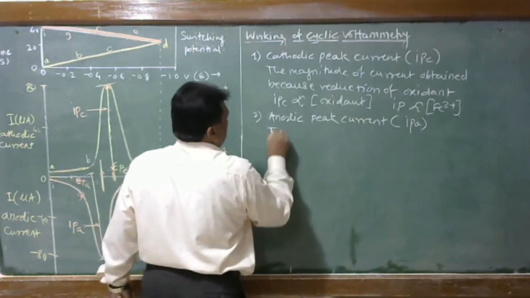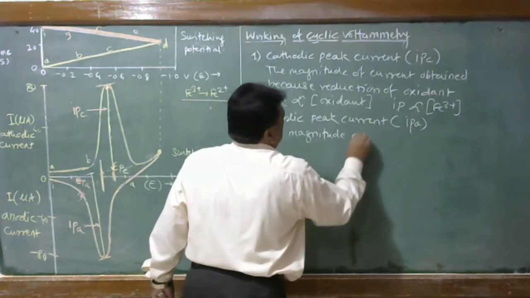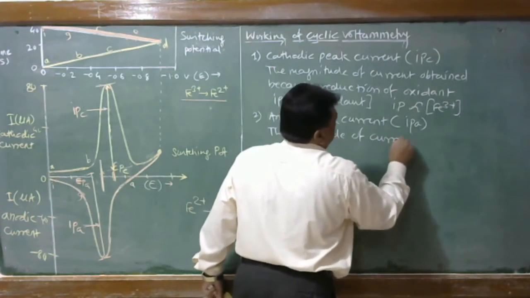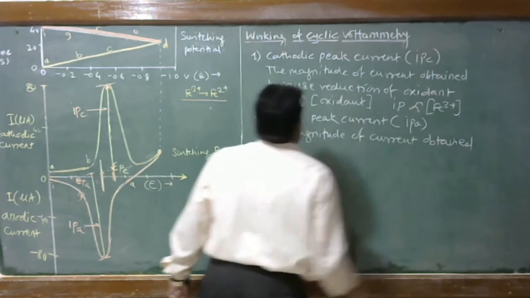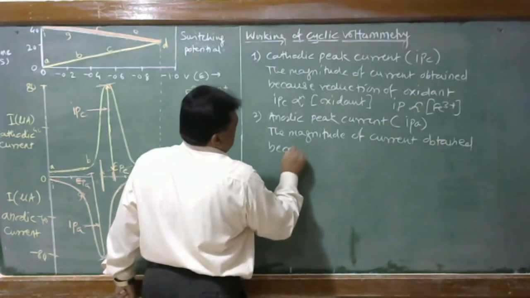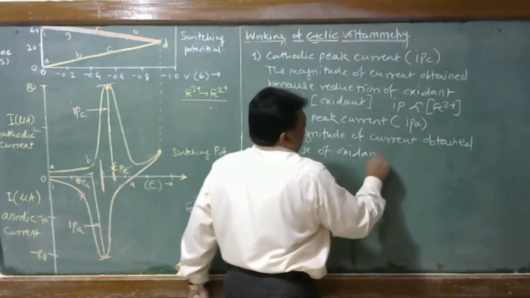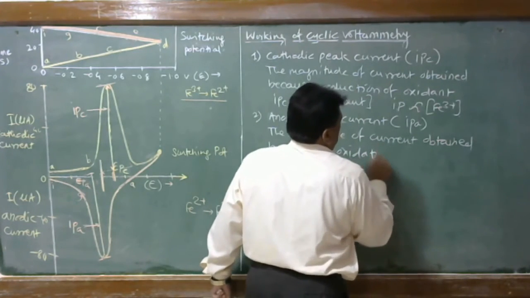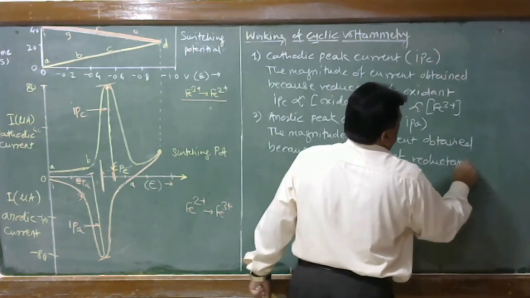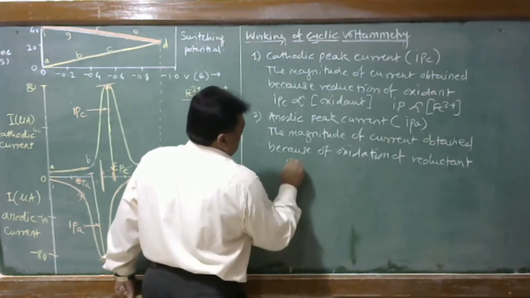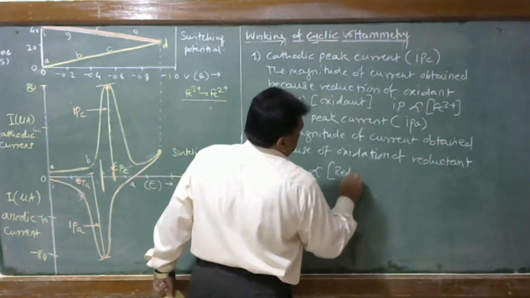IPA is the magnitude of current obtained because of oxidation of reductant, and therefore here this IPA is directly proportional to concentration of a reductant.